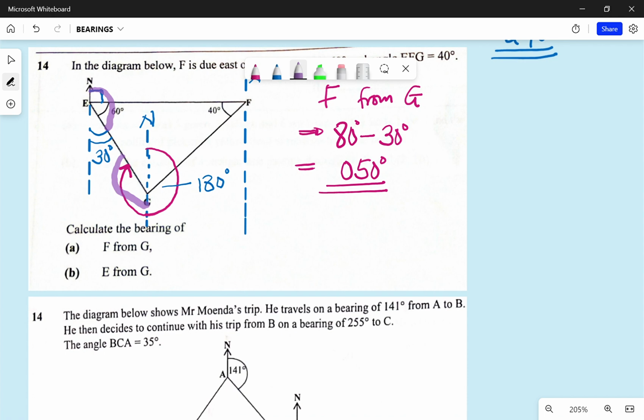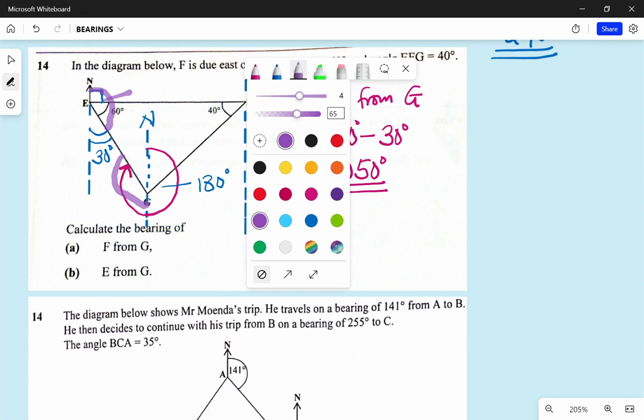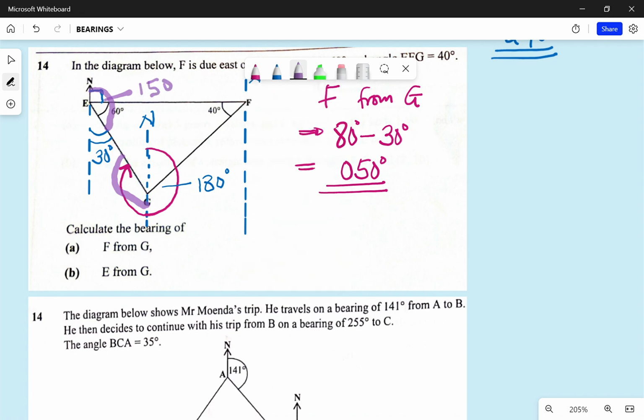Now, I hope you can see that this angle on top there is 90 plus 60 degrees, which is going to give us 150. So this here is 150 degrees.